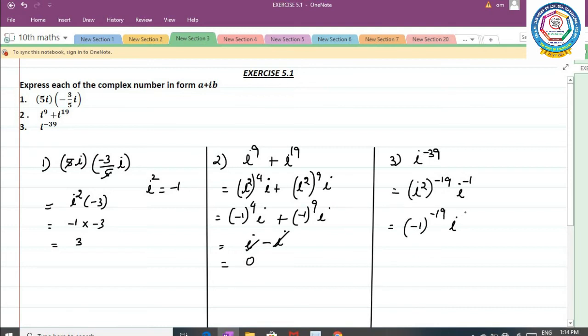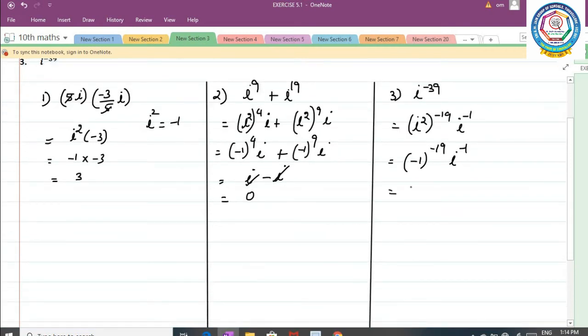So i power minus 1, you can read it as inverse also. It can be written as minus 1 power 19 into 1 by i. Minus 1 power 19 is minus 1 only, into 1 by i. So the answer is minus 1 by i.